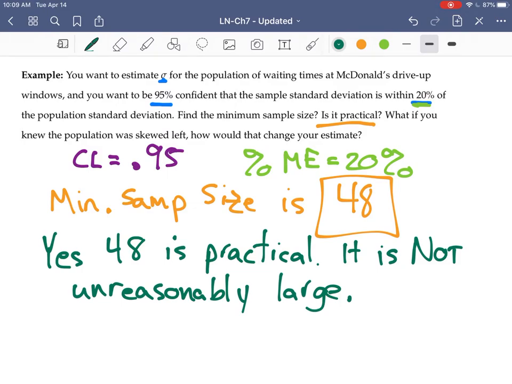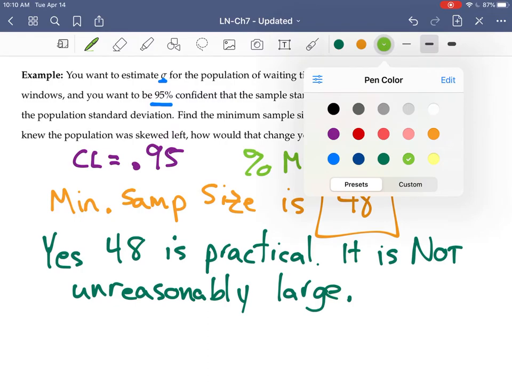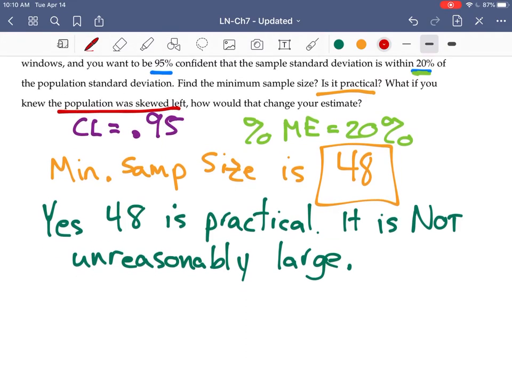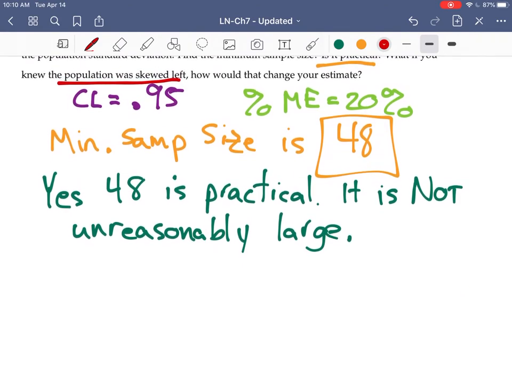What if we happen to know that this population, the population of waiting times at that location, was skewed to the left? How would that change your estimate? I don't know, what impact would that distribution have on constructing a confidence interval?